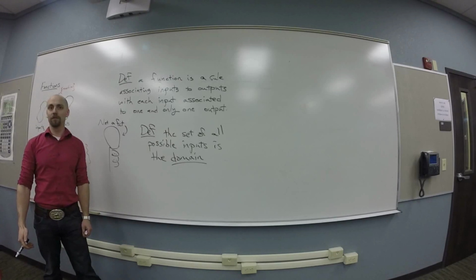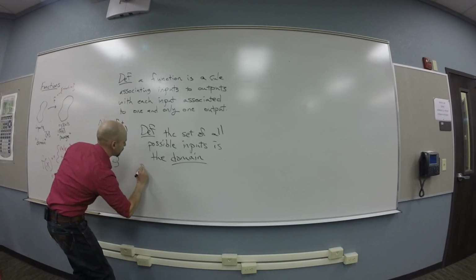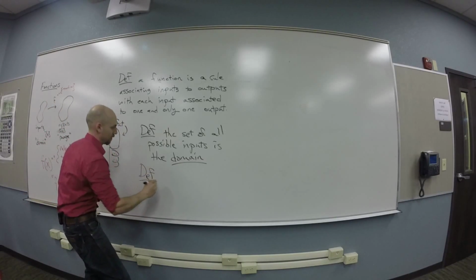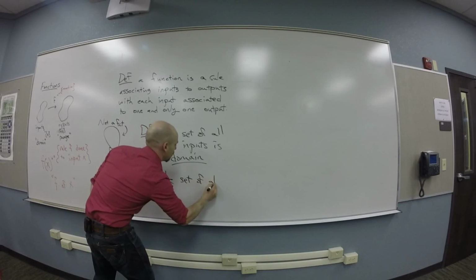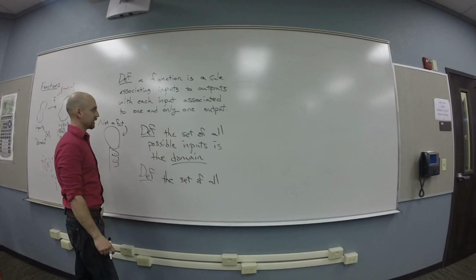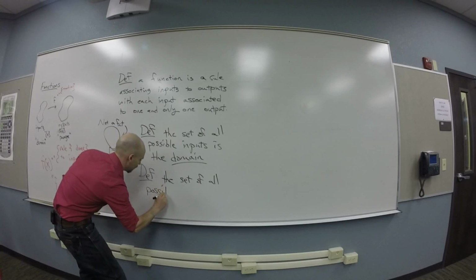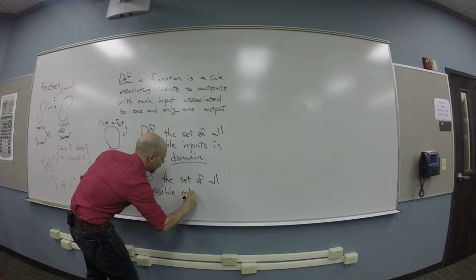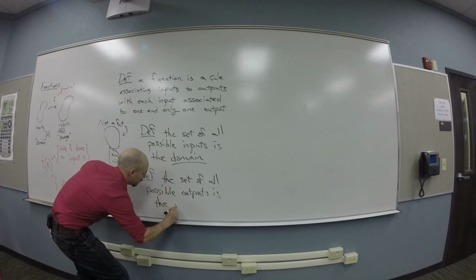So for a particular function, the domain might change. You guys all see that? The kinds of inputs that are allowed depend on the formula that you're given. The set of all outputs is the range.